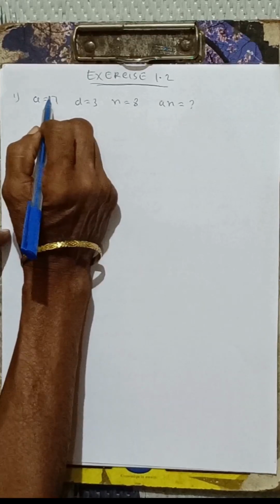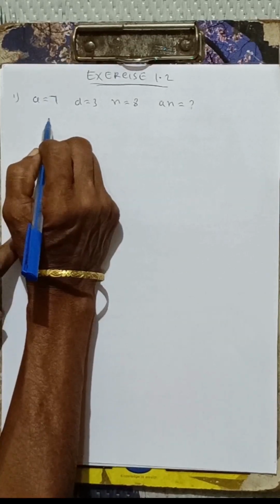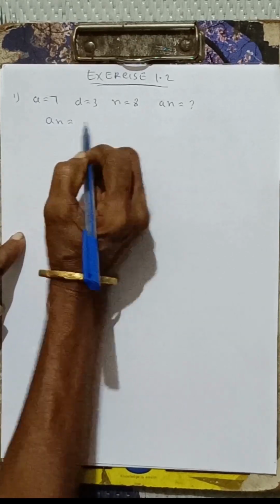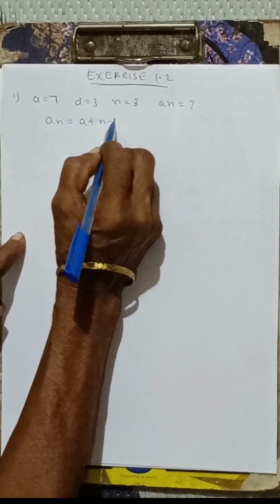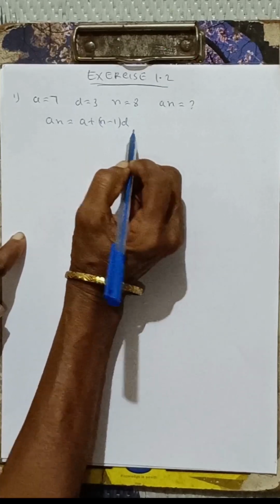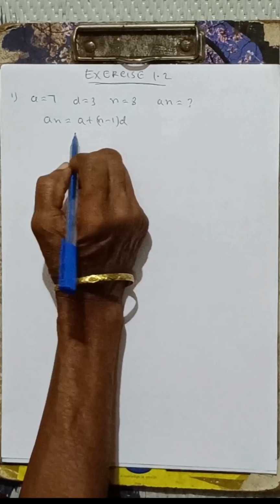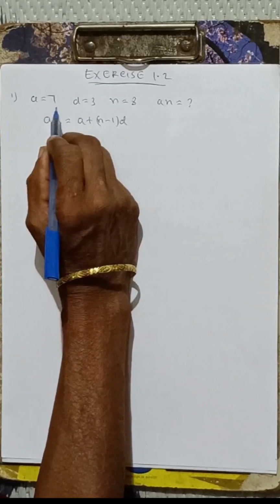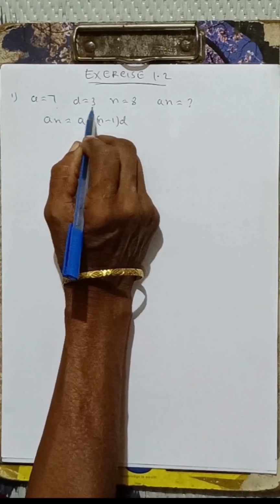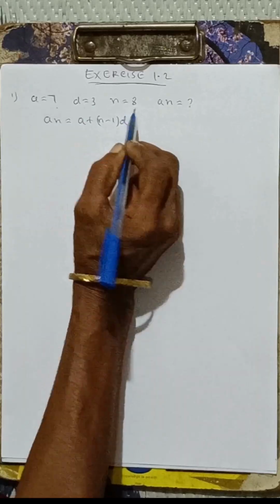So here we use the formula an equal to a plus (n minus 1) into d. Here an we have to find out. a is given 7, d is equal to 3 and n is equal to 8.